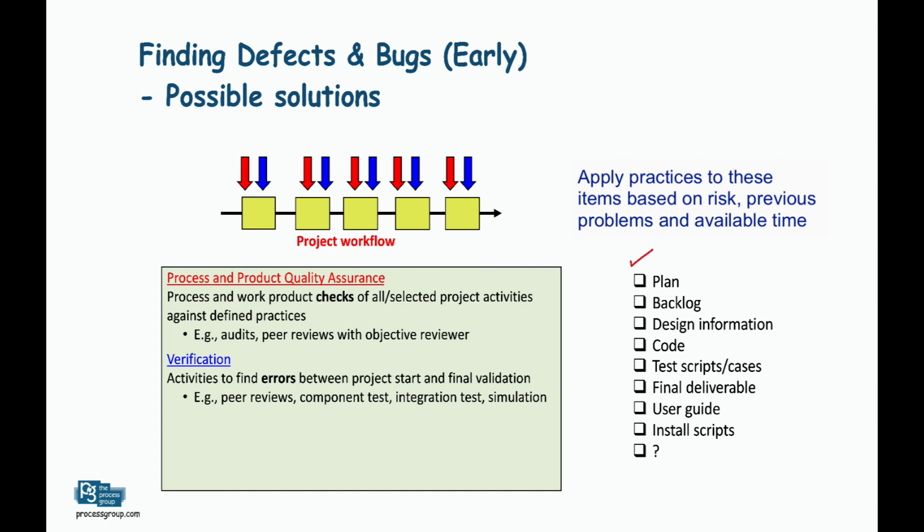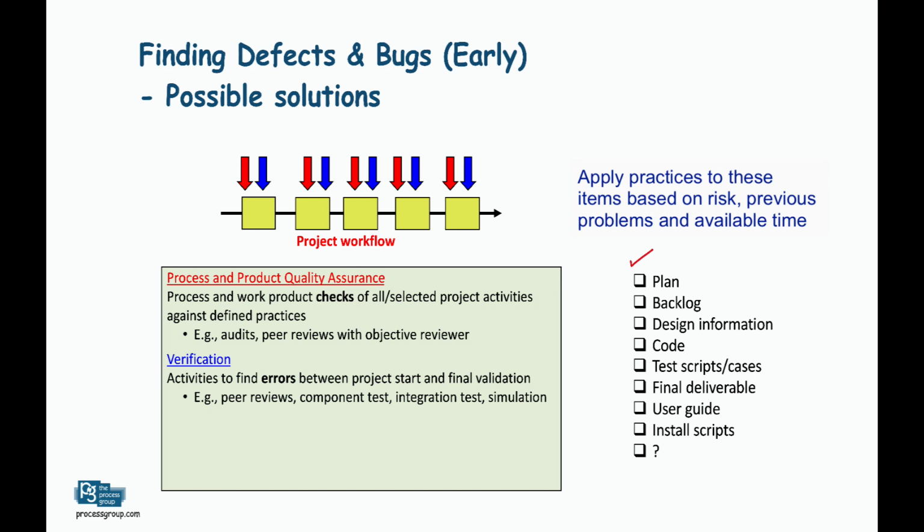Component testing is already a part of a typical Agile definition, so this should be nothing new to your team. Integration testing can be added in the later sprints when more code exists, and simulation can be used where parts of the system don't exist yet, for example, creating dummy data or writing code to simulate hardware.